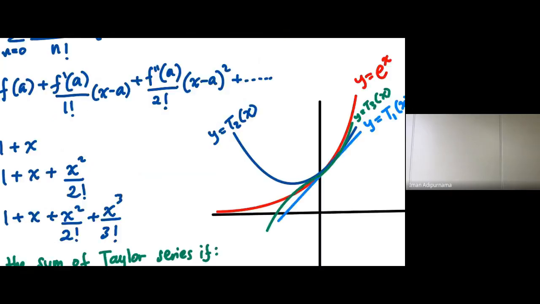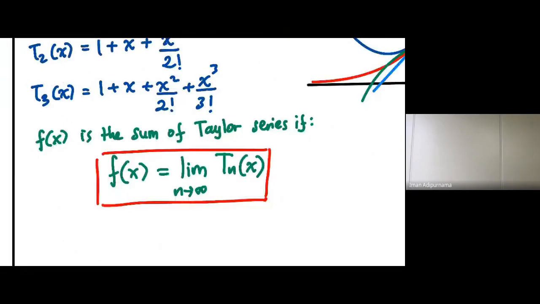When you increase the n, the graphs for T get closer to f of x. So this is how, when the n gets bigger and bigger, it gets closer to the function. That is the key point.